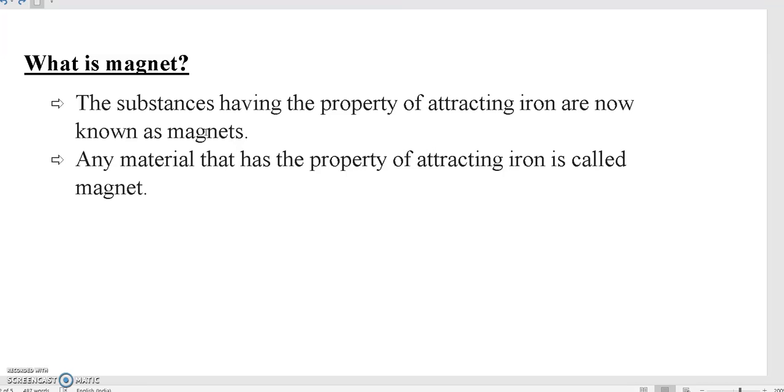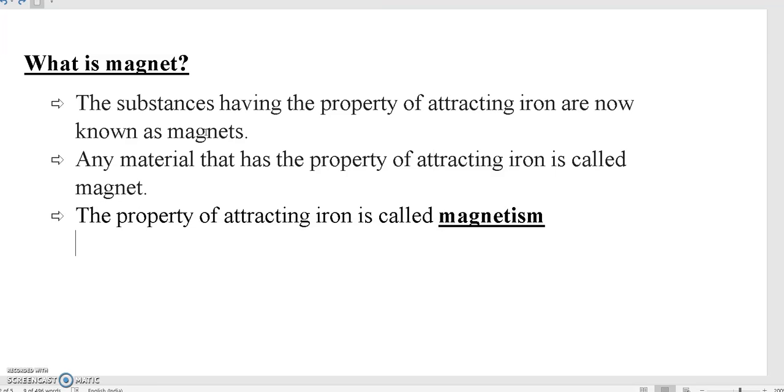This property of attracting is known as magnetism. So the substance is known as a magnet, and the property of this substance of attracting iron is called magnetism.